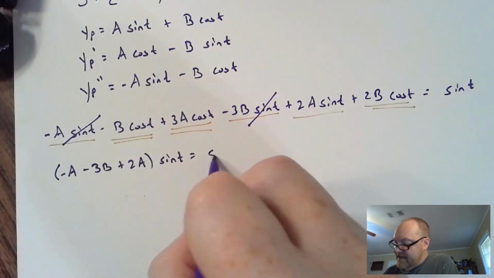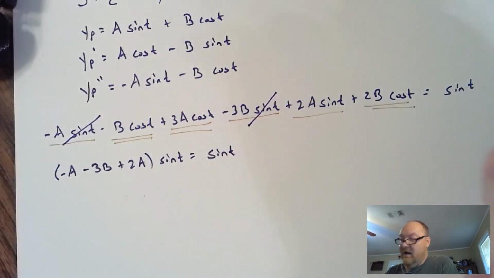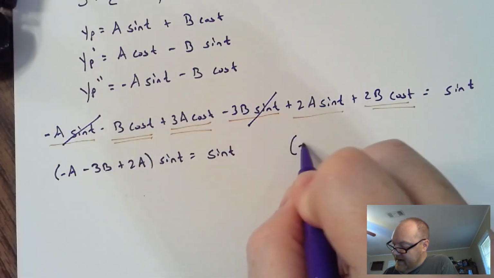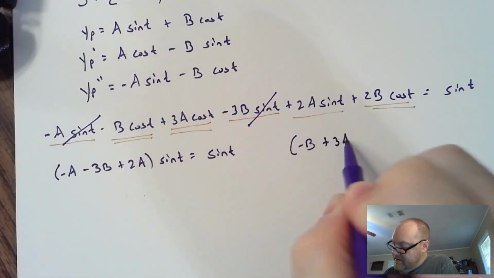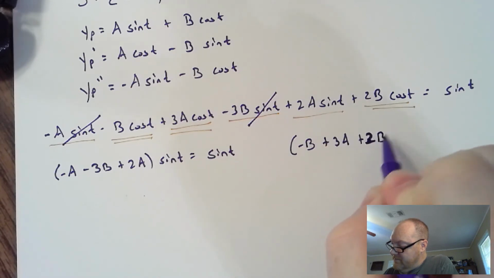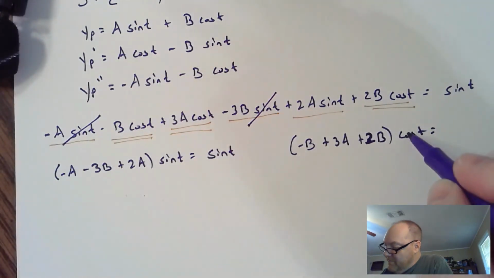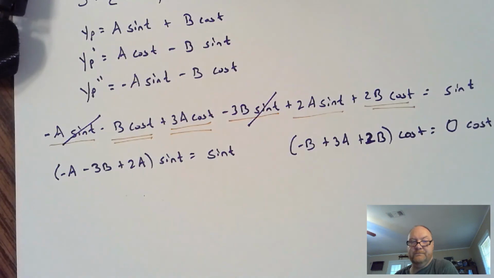And I want to set that equal to the sine of t from this piece. And at the same time, I've got some cosine functions. So I've got a negative b, a positive 3a, and a plus 2b, cosine of t. But I have no cosines on this other side. And that's okay. I just need to account for it.